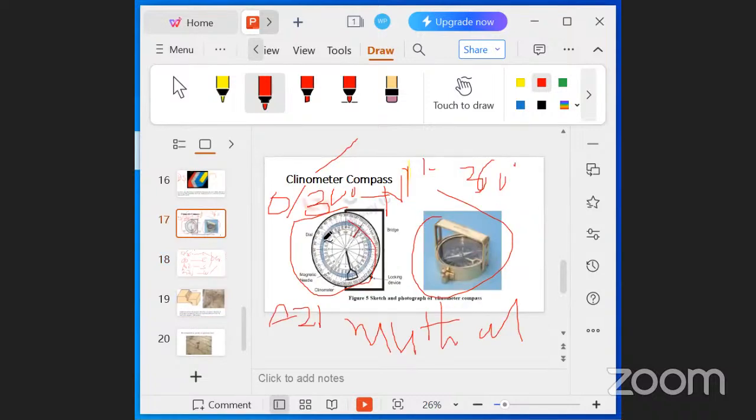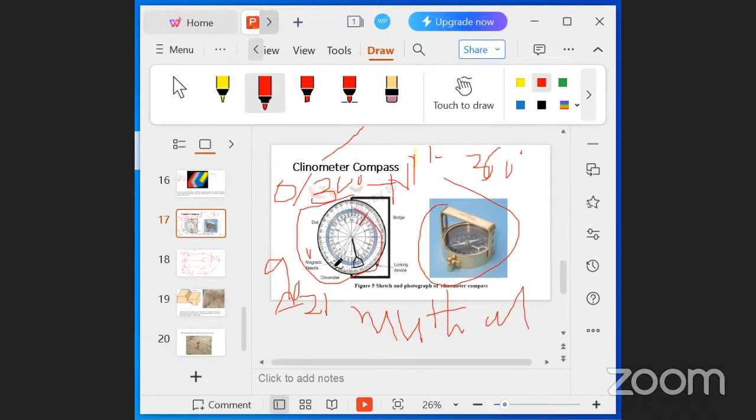The bridge fitted outside the dial helps in taking the reading of the inclination of the bed, right? The bridge is movable, and it can rotate up to 90 degrees, from a plane parallel to the dial up to a plane perpendicular to the dial, right?